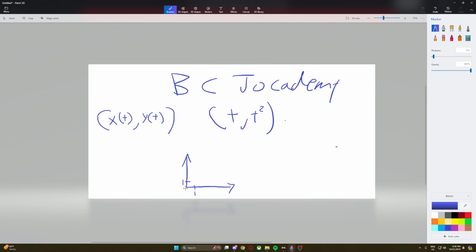And at 0, it would be 0. But then at 2, x would be 2, and at 2, it would be at 4 for the y value. 1, 2, 3, 4. So then at 3, it would be 9.